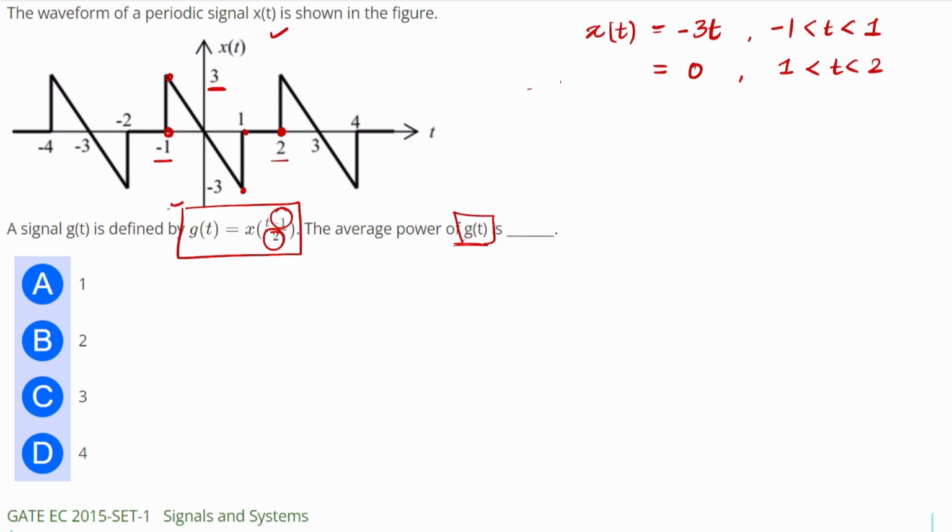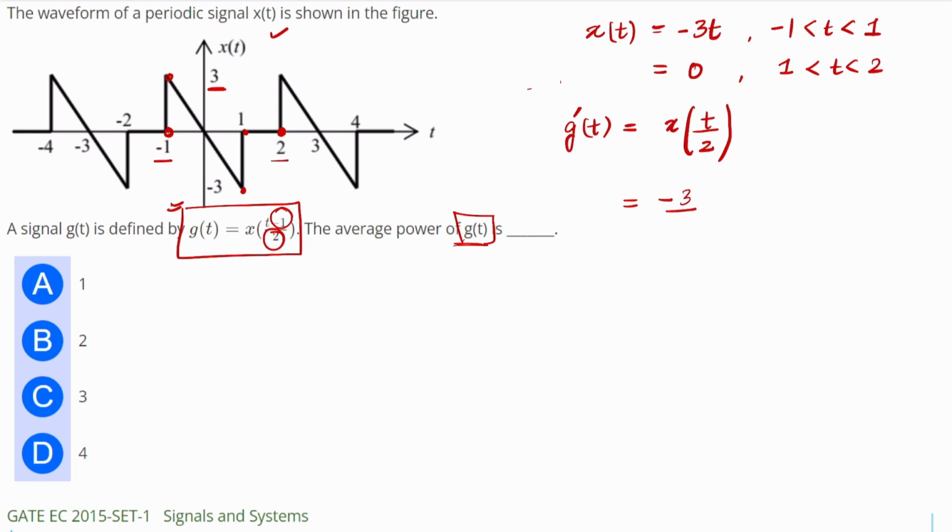Now we have to write the g(t) signal. In order to write it, we will perform scaling and shifting operations. If I scale this first, g'(t), we write t by 2 instead of t.